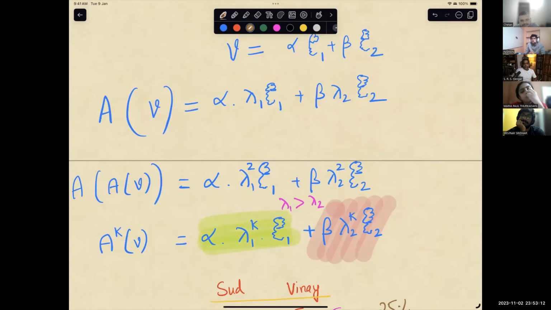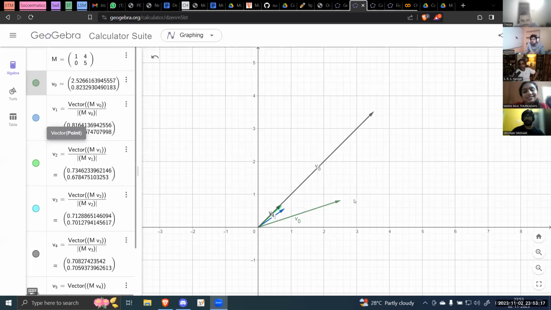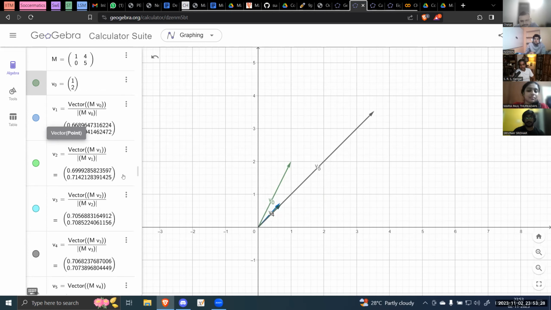Can you open GeoGebra for a minute? Consider the vector 1, 2 from the beginning. Create a new sheet.